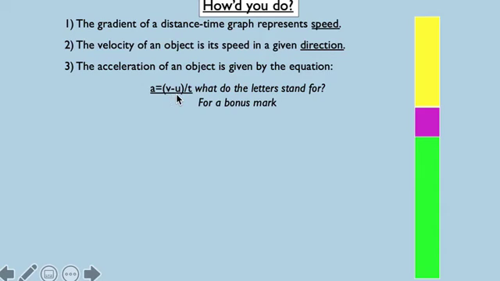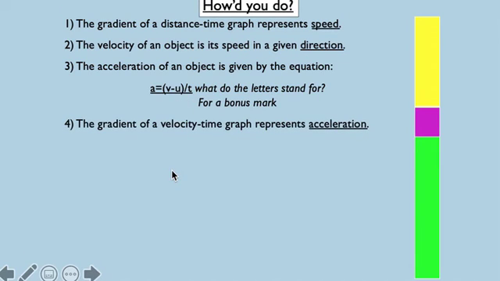So the acceleration is v, which is the final velocity, take away the u, which is the initial velocity. So that's the change in speed, or the change in velocity. And then time, I suppose we could do the same again: the final time take away the initial time, but we sometimes just say the change in time there, and then a is the acceleration. So acceleration is the change in velocity, or the change in speed, divided by time.